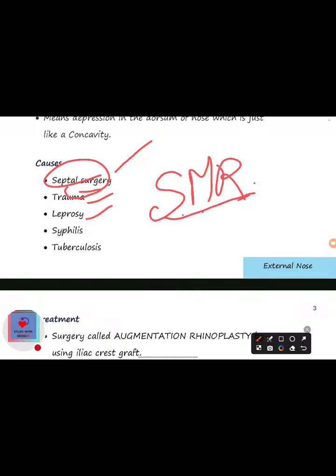Because of leprosy, especially the last stages of leprosy, it can cause damage to the cartilage. The bacteria will eat upon the cartilage. Syphilis, especially tertiary syphilis, can lead to damage to the cartilage, saddleness, and tuberculosis.